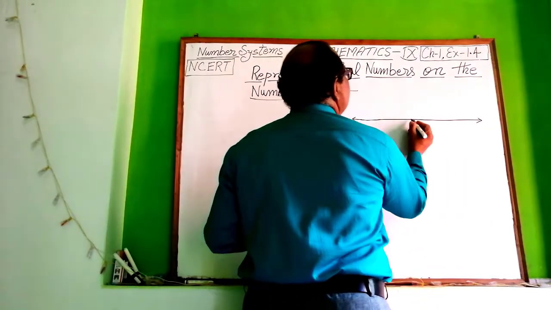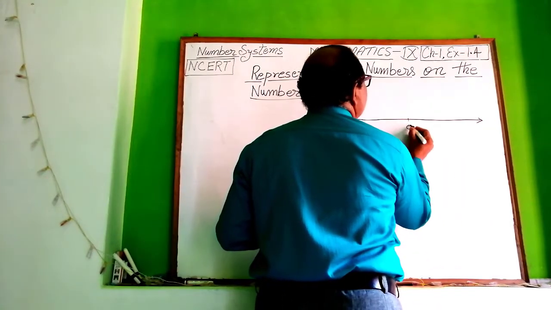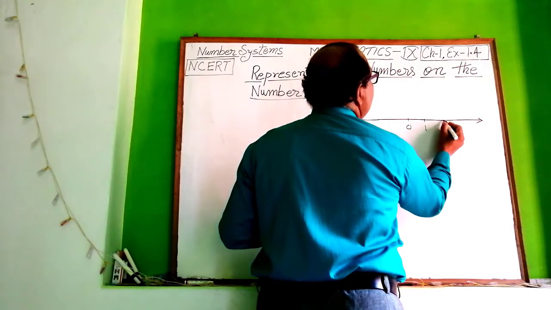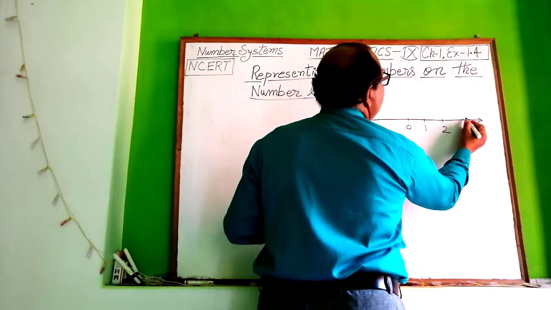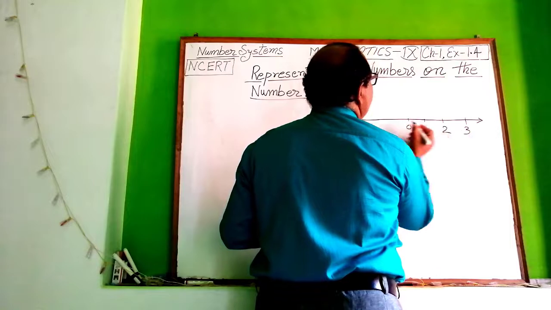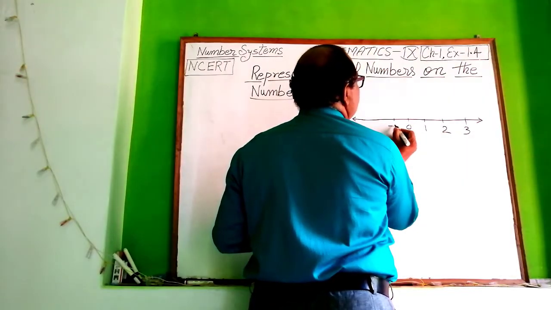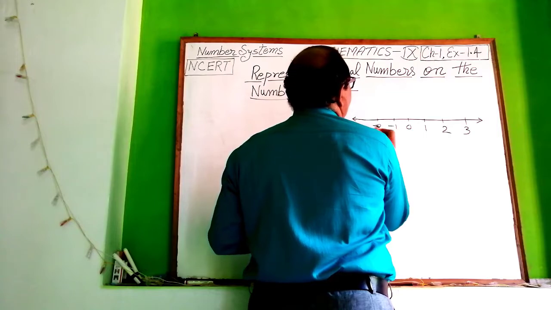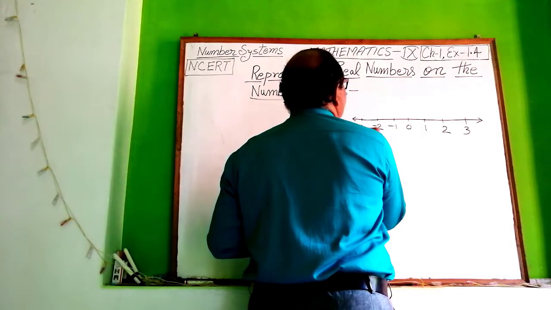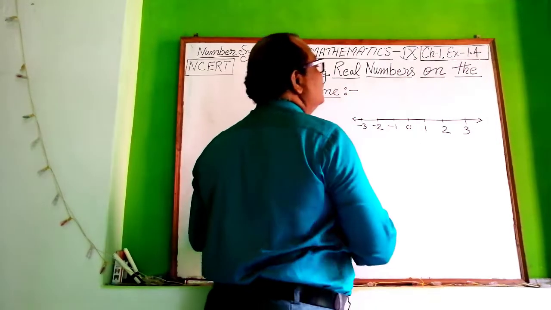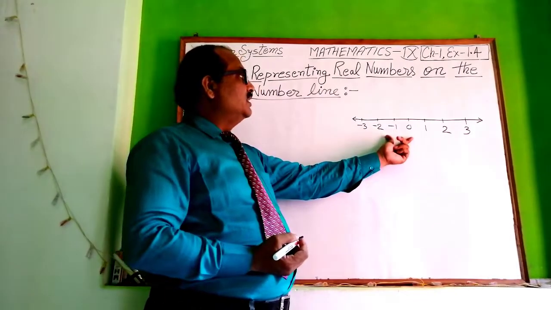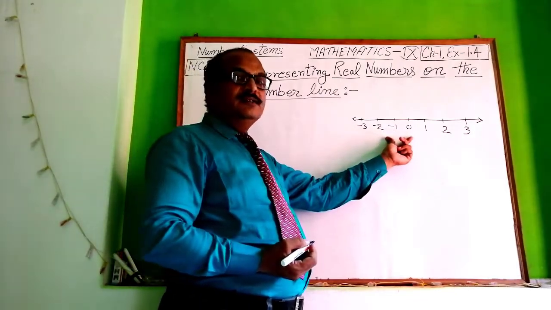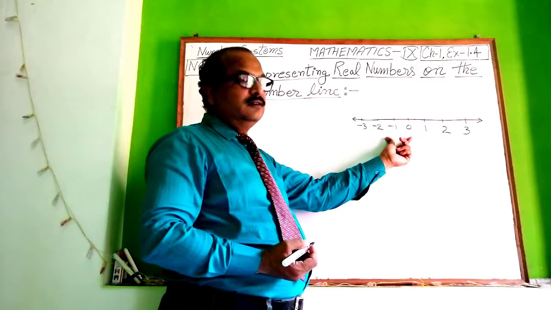Number line is a line on which you can represent the real numbers. Sometimes we say it real number line. Actually here I represented all the integers. This number line is called real number line.